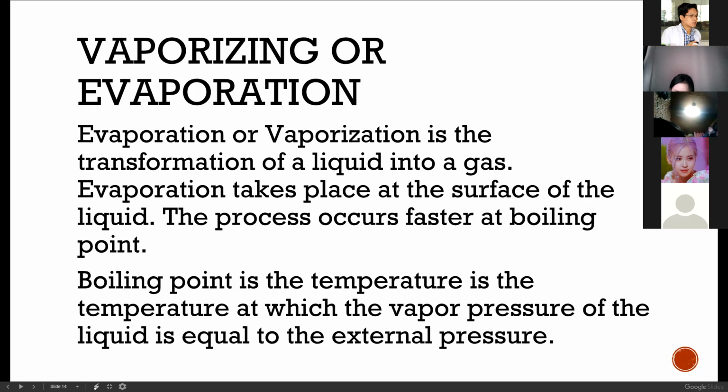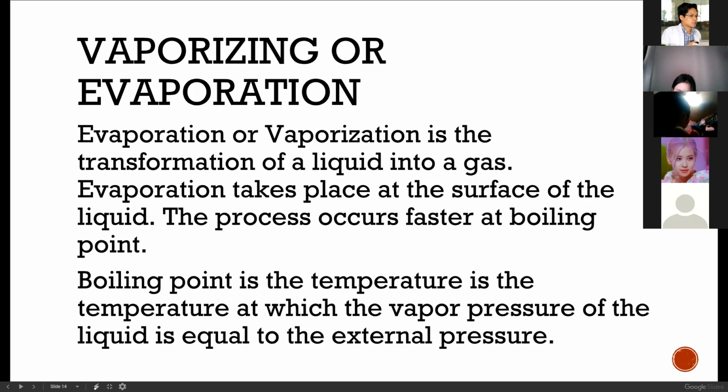So vaporizing or evaporation is the transformation of liquid into gas. Evaporation takes place in the surface of the liquid. Again, we need to consider the boiling point. There are a lot of instances where the boiling point of water is not equal to other substances.